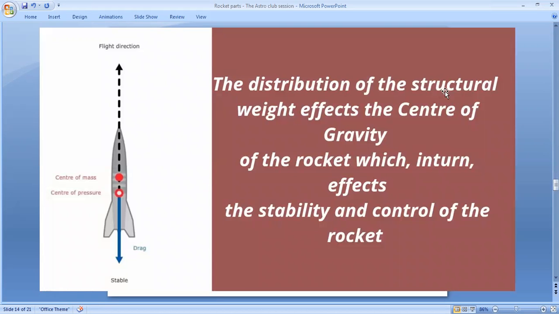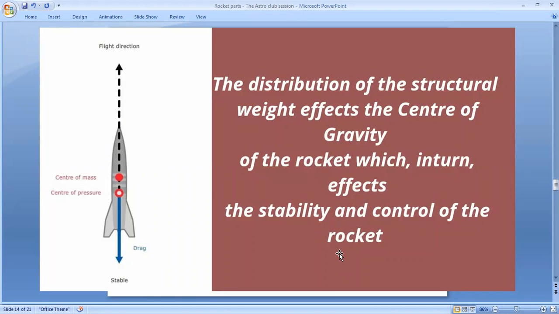Next, the distribution of the structural weight affects the center of gravity of the rocket. So the entire structure has to be distributed uniformly. Only then is the rocket completely stable, and it affects the control of the rocket.